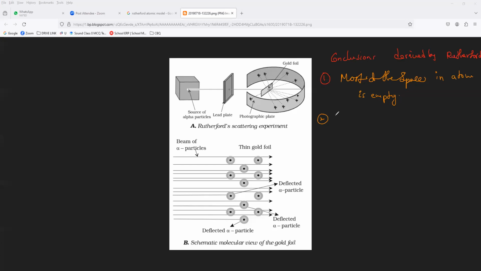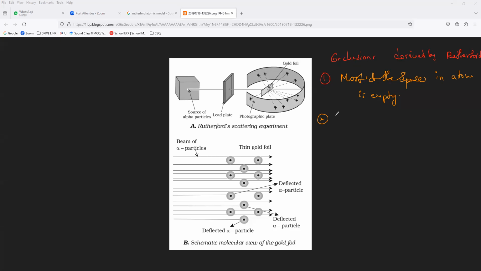Why are we saying this point? Anybody can tell? Because the majority of the alpha particles pass through the gold foil with deflection or without deflection? Without deflection. So the gold foil is solid throughout and made up of atoms, but atoms are not solid throughout their volume.